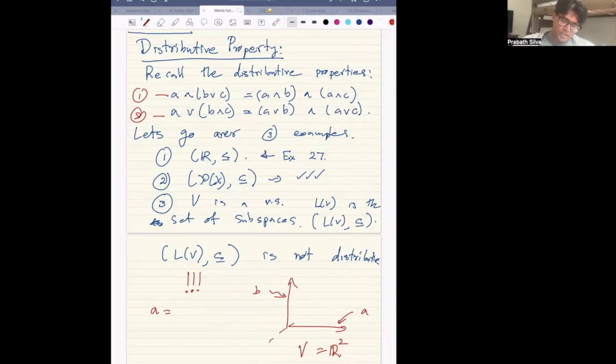And let's take C to be the set where x equals y, which is also a subspace.